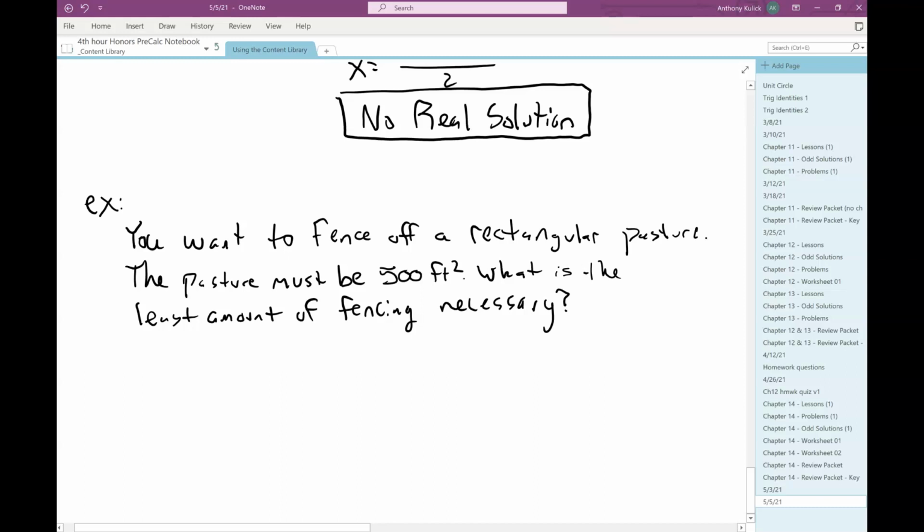Okay, you want to fence off a rectangular pasture that must be 500 square feet in area. What is the least amount of fencing that you need? Well, I would start by drawing a picture. So here's my rectangle. So let's call that side x and that side y. Sound good?